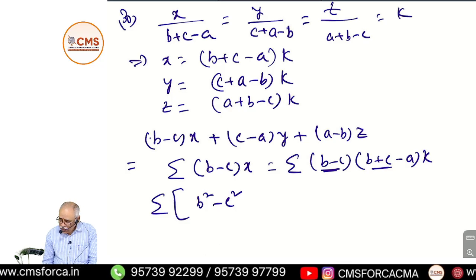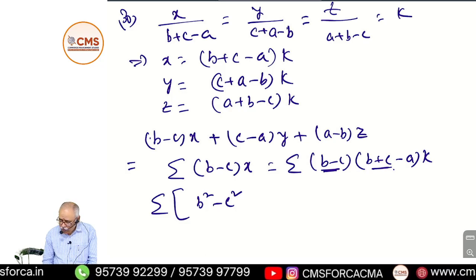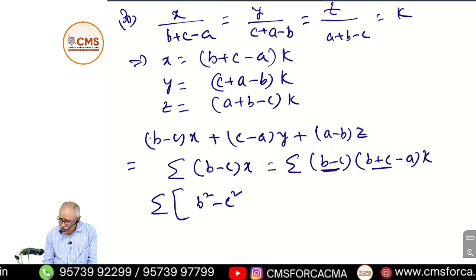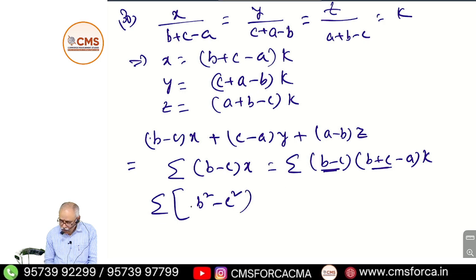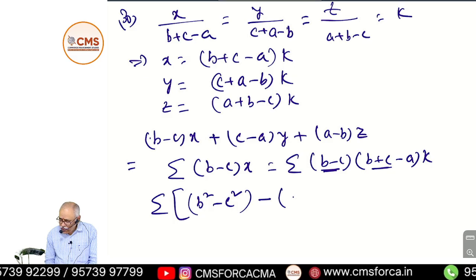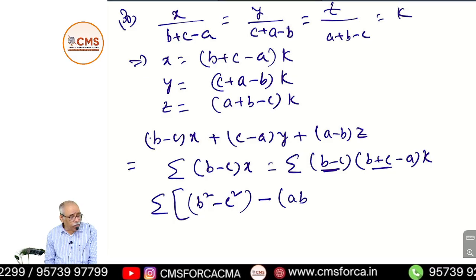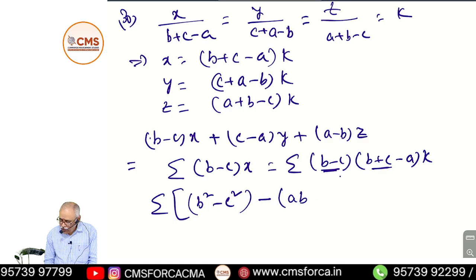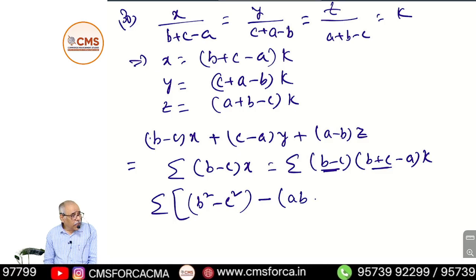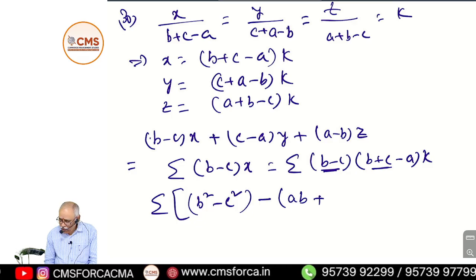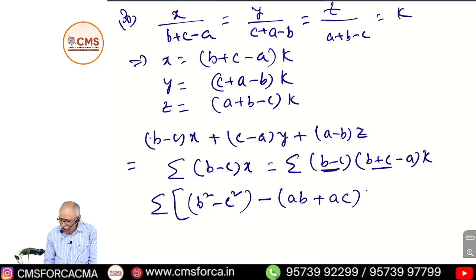Okay? Next, B minus C into minus A. What you will get? Minus A into B, this is first one. Minus A into C, I took minus common. A into B, AB, A into C, AC.